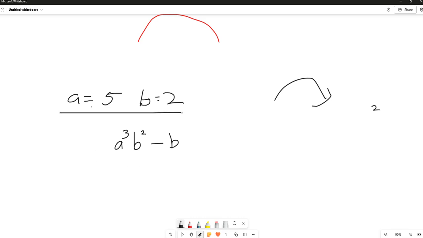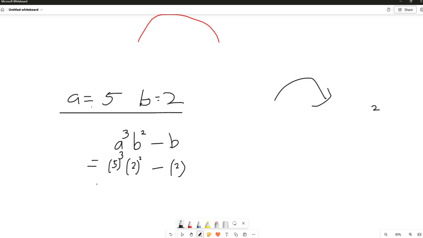You need to substitute. So go ahead, put in the bracket first. Replace A with bracket 5 cubed. Replace B with bracket 2, and then put the square, and then minus. Same thing for B, put in the 2 with the brackets.